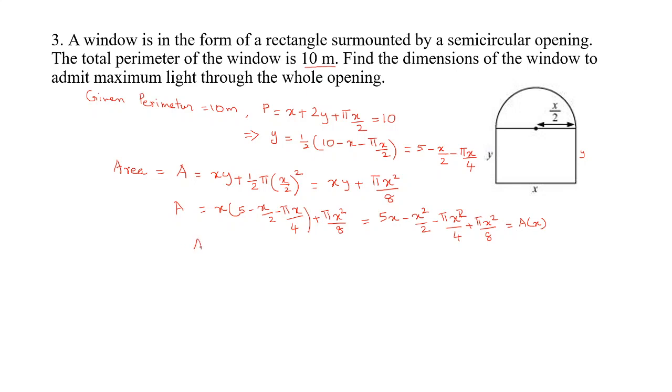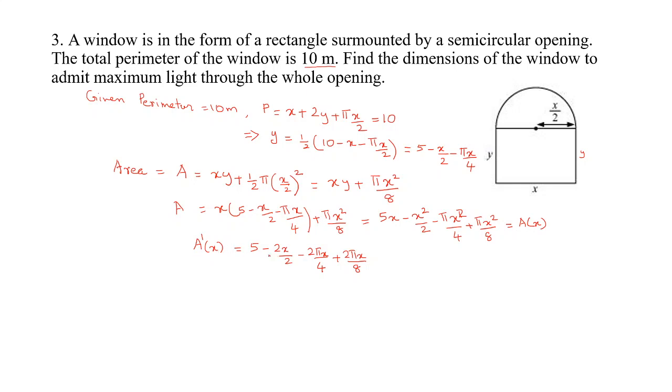So now we'll find the derivative. A dash of x is equal to 5 minus 2x by 2 minus 2 pi x by 4 plus 2 pi x by 8. So this is the derivative.